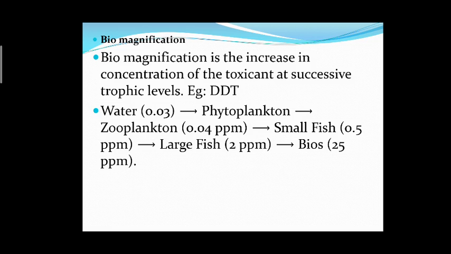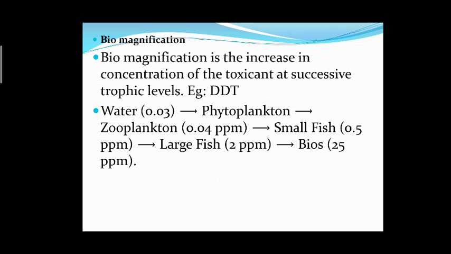It increases from one trophic level to the next trophic level, because the first trophic level organism is very small, and so a large quantity is required for the second trophic level.